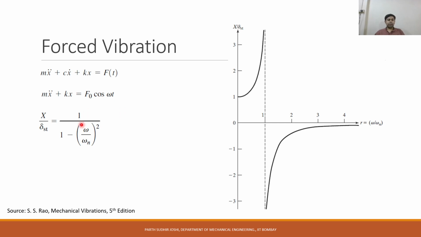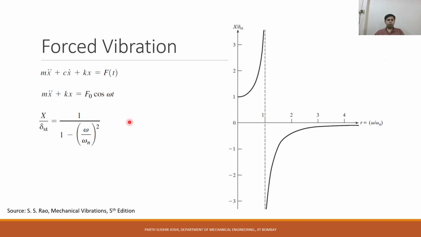So then we can write this relation as 1 upon 1 minus omega by omega n whole square, where omega is the frequency of excitation and omega n is the natural frequency of the undamped system. So omega n is basically root of k by m.